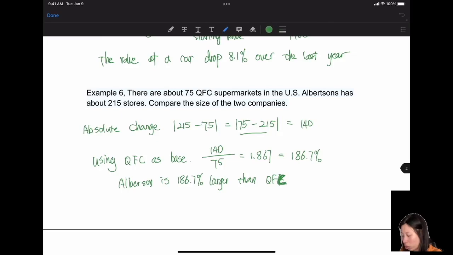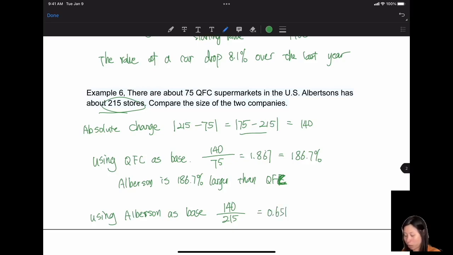The other one: if we use Albertsons as the base, we have what? Still, you use the absolute change, which is 140, over the number of Albertsons stores, 215, and you will have 0.651.